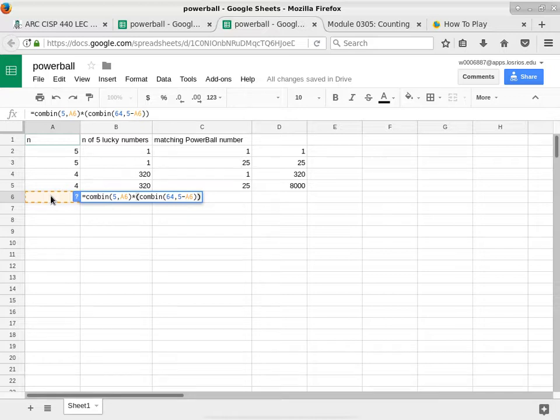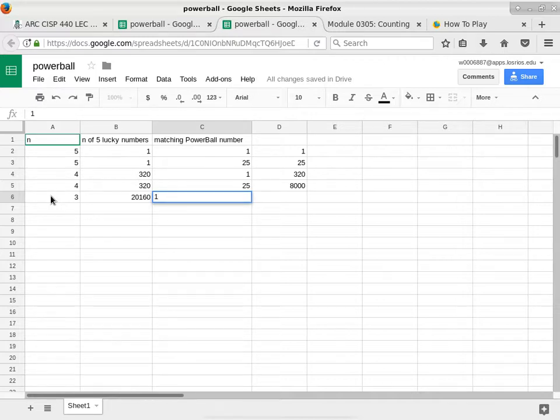Then you have to multiply the two because for each way of picking 3 out of 5 of the lucky numbers, there are 64 choose 2 ways to choose the unlucky numbers. Is that okay? So we'll take a look at this number. You can see how much bigger it is now.